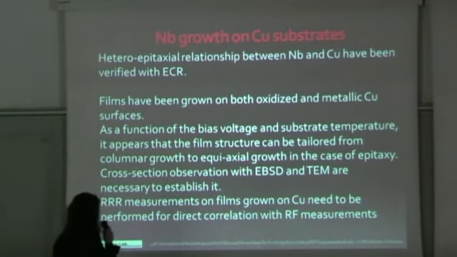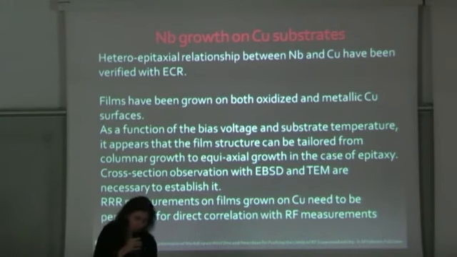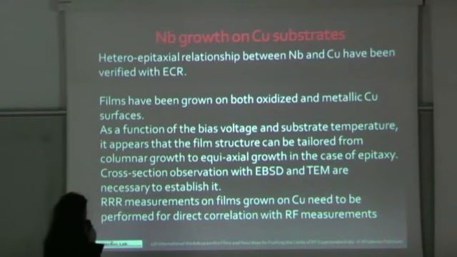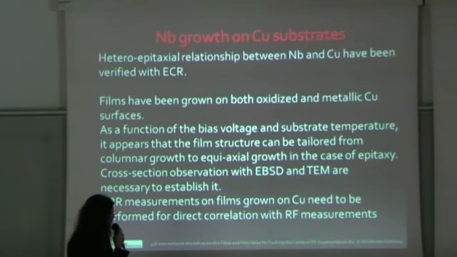Okay, in conclusion for copper substrates, we have verified the heteroepitaxial relationship between niobium and copper with the ECR process. And we have also grown films both on oxidized and metallic copper surfaces.